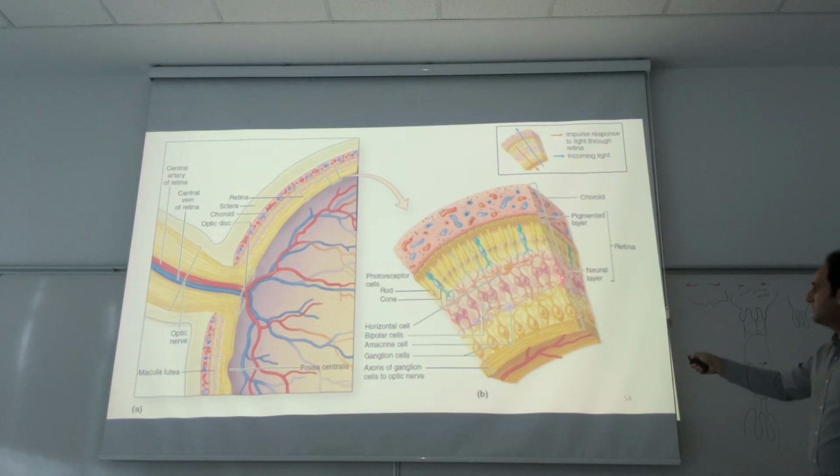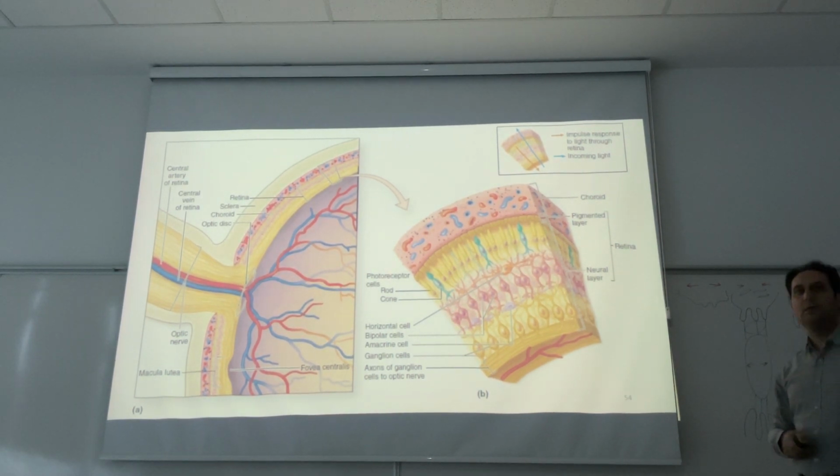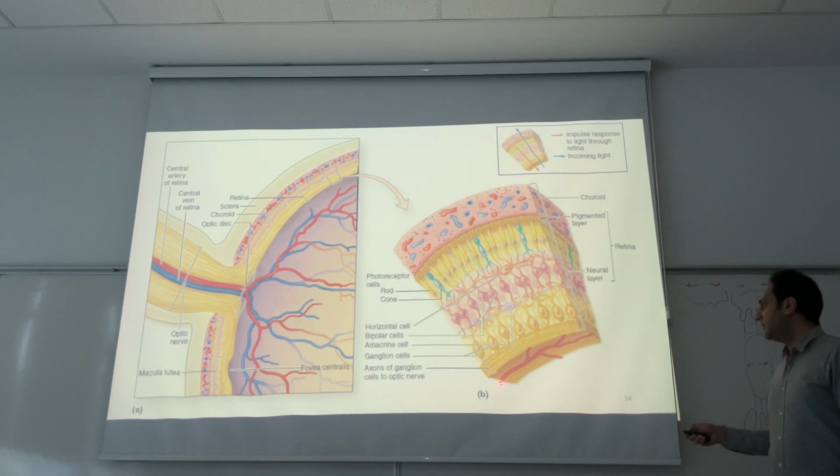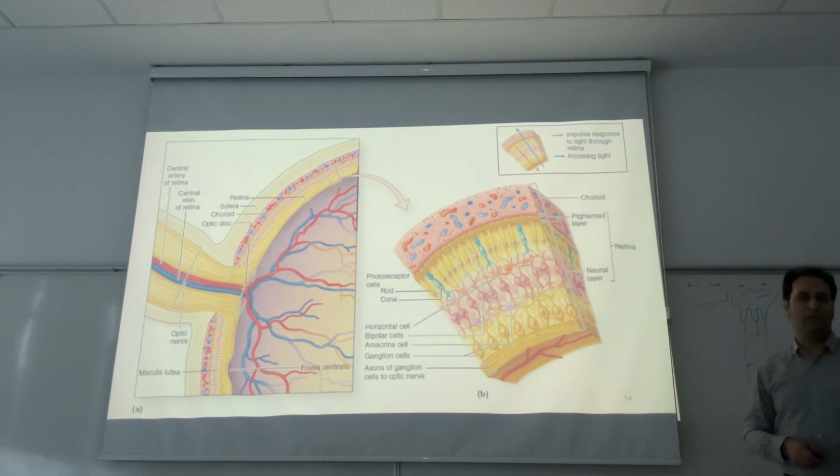This part is our inner nuclear layer. This part is the inner plexiform layer, and here is ganglion layer, and this part is nerve fiber layer. Here you can see the outer limiting membrane. It's very simple if you can memorize and understand the location of the cells, relation of the cells, and the function of these cells.